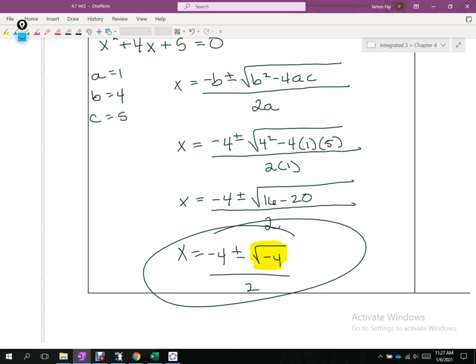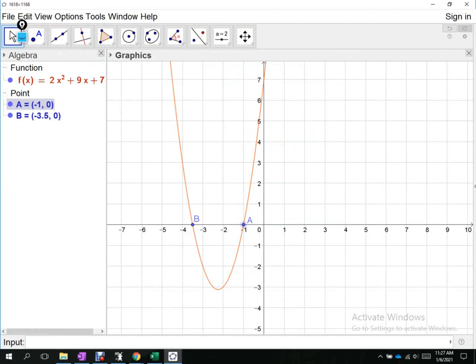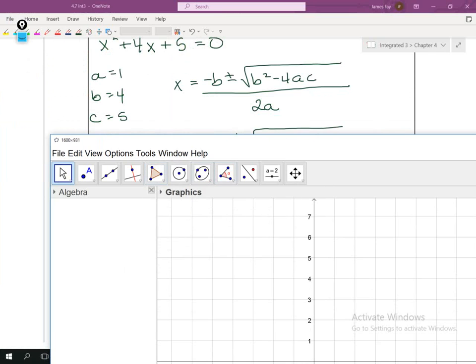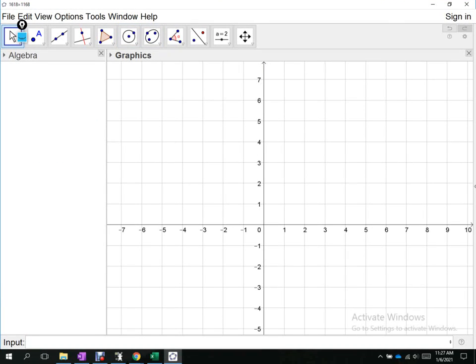Does that make sense? Okay, so the last question we did, we saw x-intercepts at like -7/2 and -1. If we were to graph x squared plus 4x plus 5, do we see that that graph does not cross the x-axis?